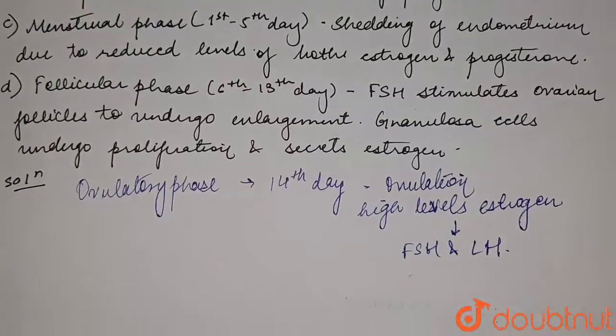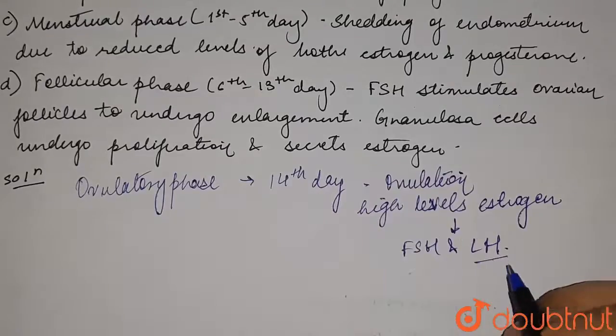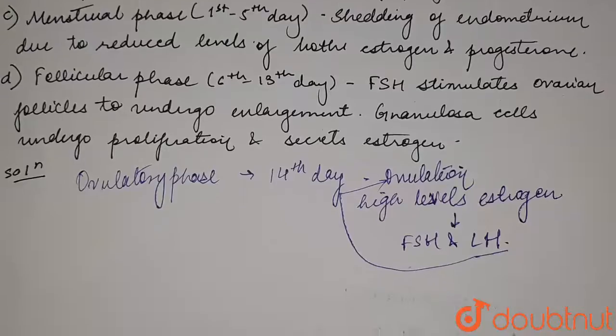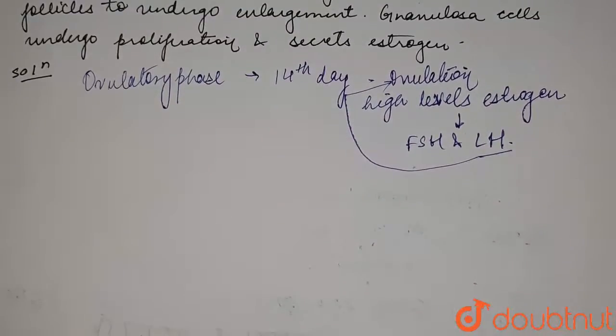And these spikes, this LH, relate to the ovulation on the 14th day, and the most mature follicle releases the eggs. So that means option A, which is given to us, is true.